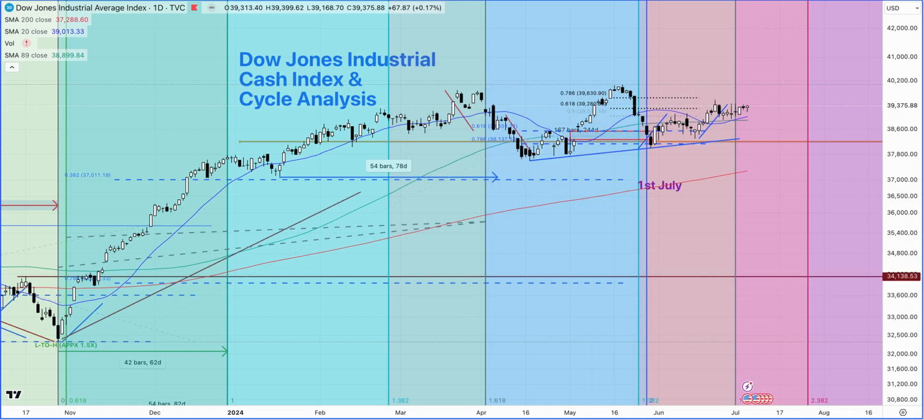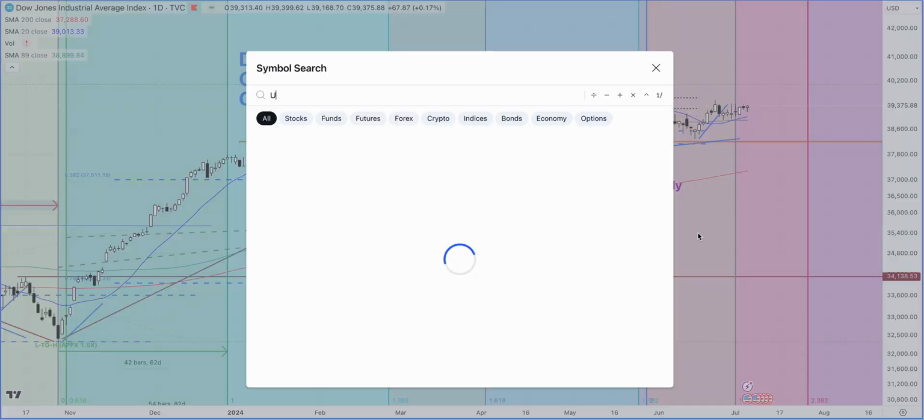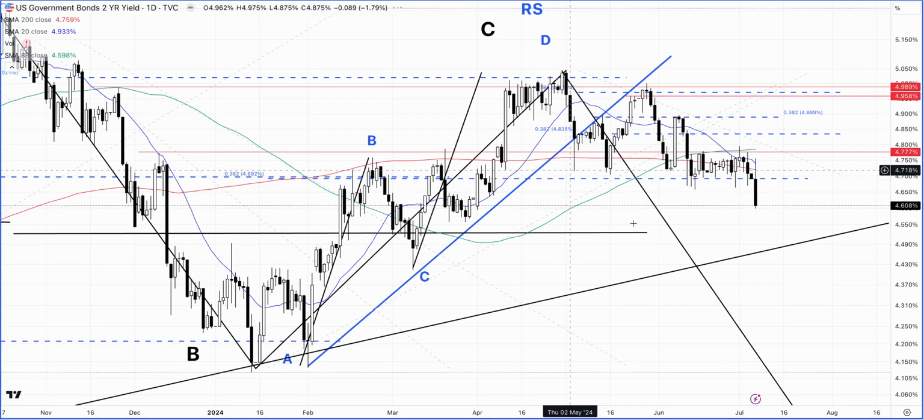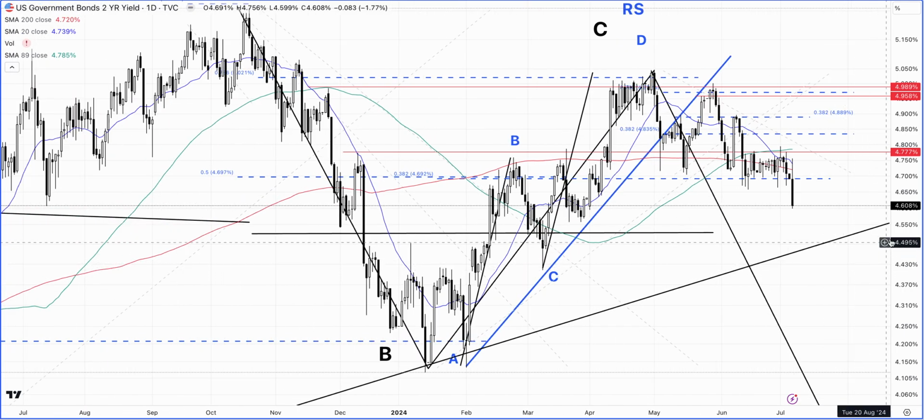All right, so now what we're going to do is we will start by taking a look at the interest rate markets, and we'll start by taking a look at the shorter end of the curve. So this is the Treasury 2-year note.